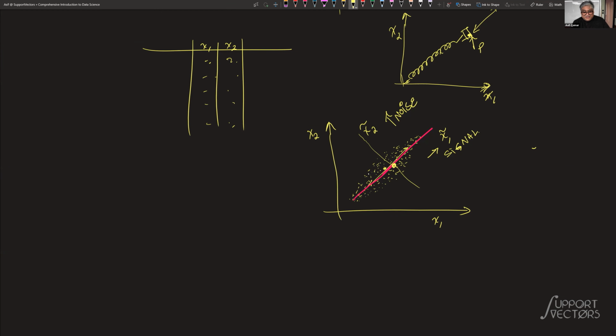And therefore, the question comes, how do you go from this coordinate system, x1, x2, to x1 tilde, x2 tilde? Now, let's think about it for a little bit. We observe a few things.